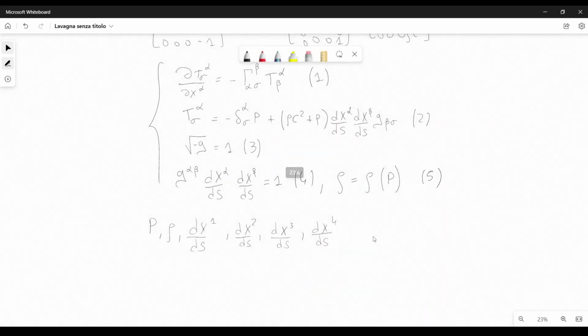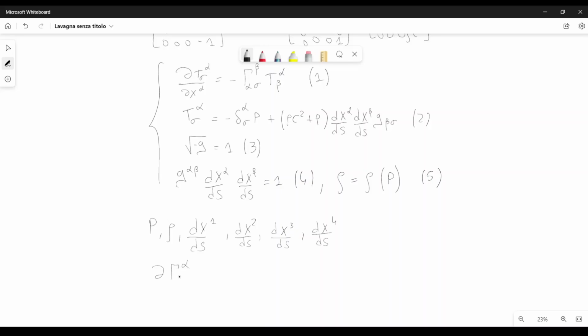But now let's assume that g mu nu is unknown. So we have another 10 components to be found, because g mu nu is a symmetric 4x4 tensor. Also remember that we have another equation, which is this one that we have derived in previous videos.